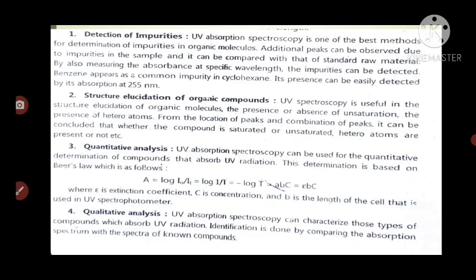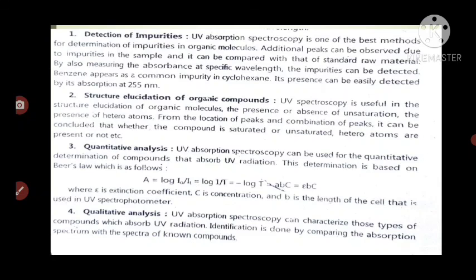We analyze the quantitative data with A equals log of I naught by I t, which is minus log of T, or the log reciprocal of T, and which is described by epsilon b c. Here epsilon is the extinction coefficient, c is the concentration, and b is the length of the cell.